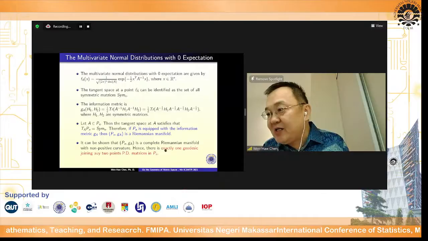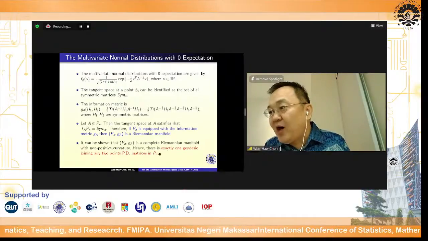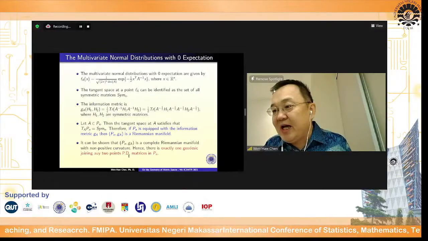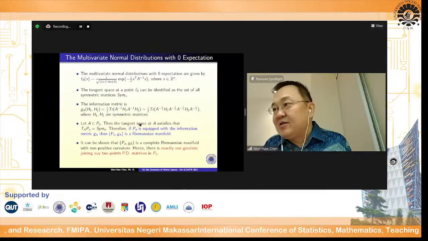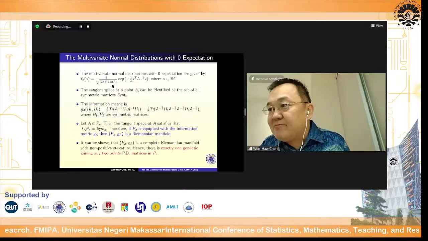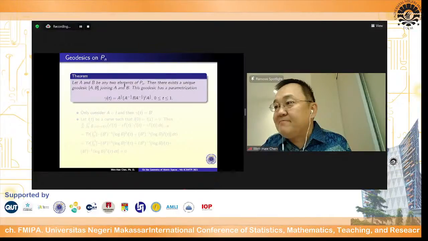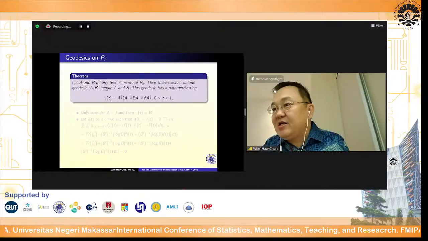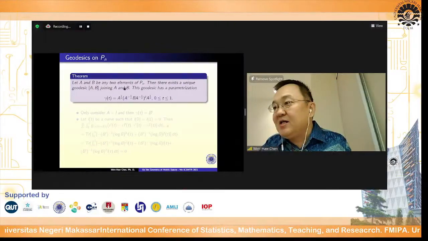This means there is exactly one geodesic joining any two points of the positive definite matrices. So let A and B be any two elements; then there exists a unique geodesic joining A and B.